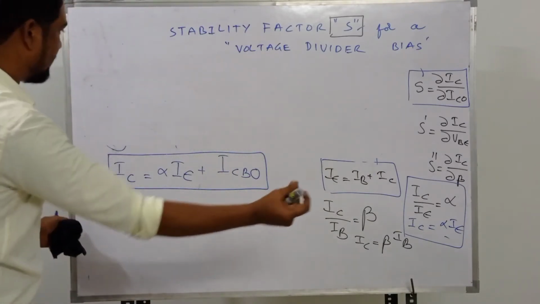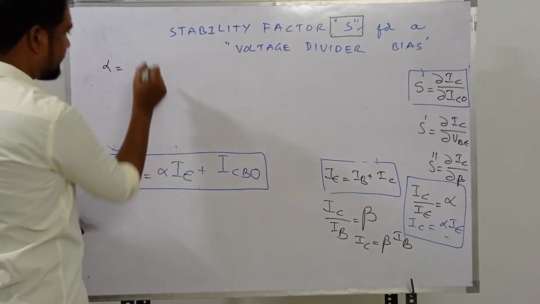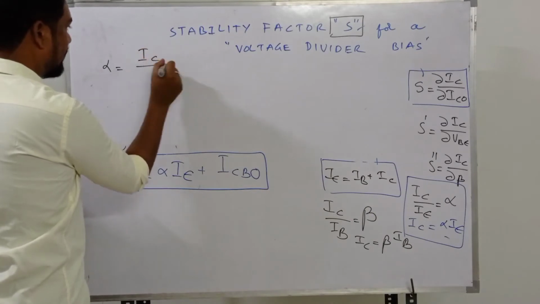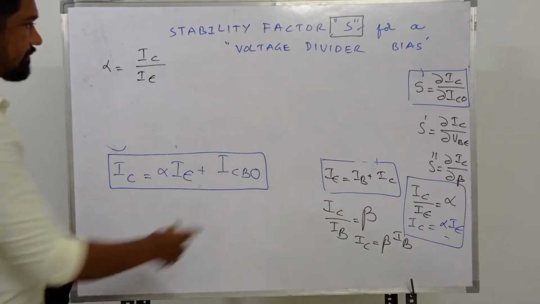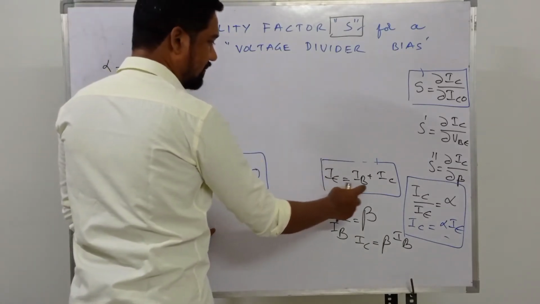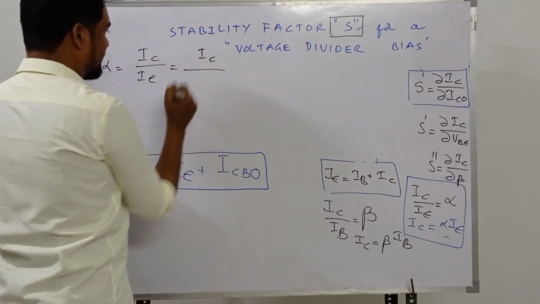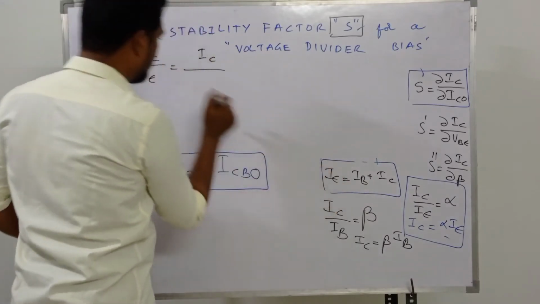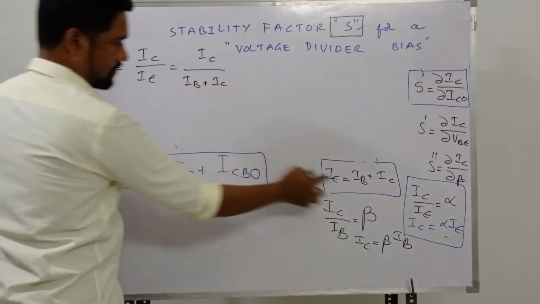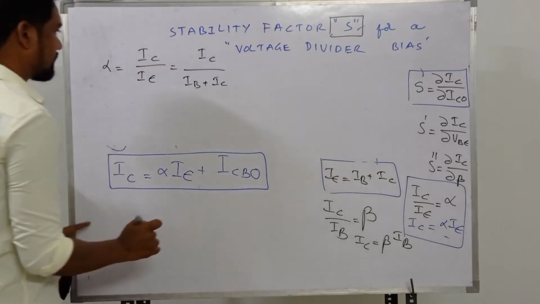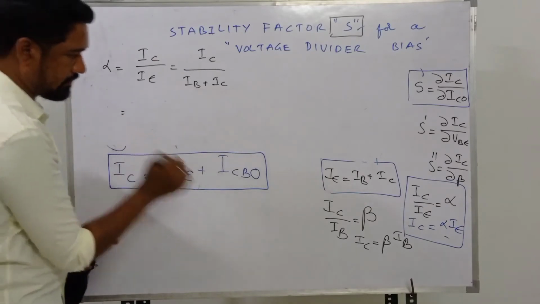So what is alpha? Going back, alpha is equal to, guys help me, IC by IE, right? Yeah, IC by IE, and from the picture of the transistor, IE is equal to IB plus IC. So plugging in IC in the numerator as it is, we need to plug in IE, which is equal to IB plus IC from the previous discussion. This is for alpha.